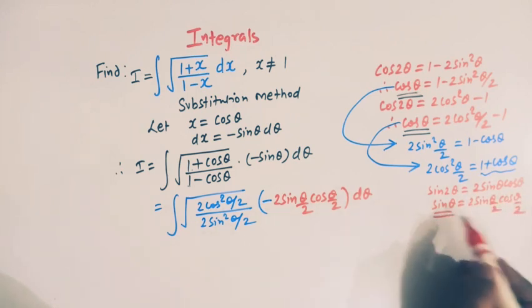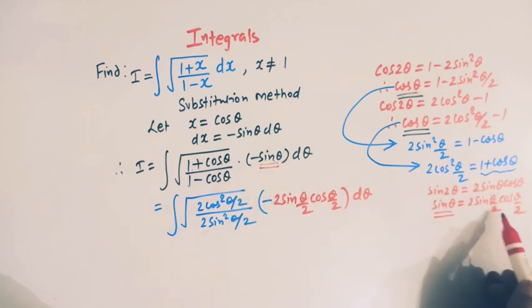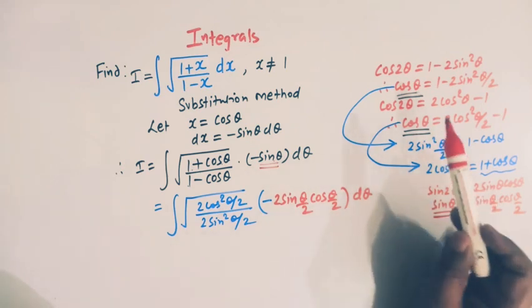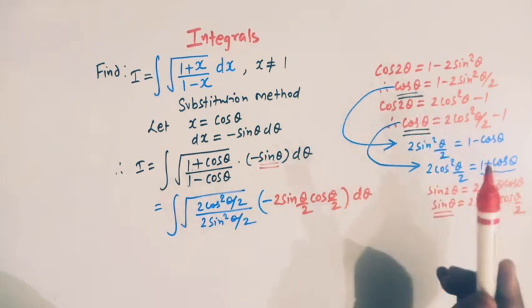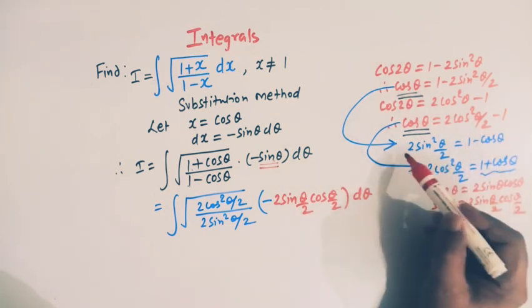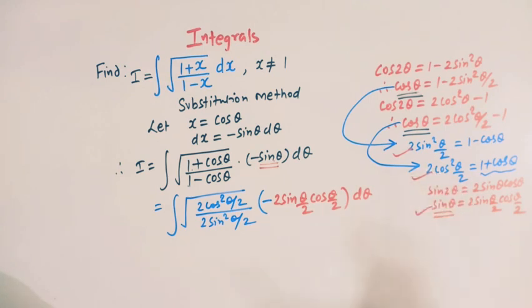So that's why we have replaced this sine theta by 2 sine theta over 2 cos theta over 2. So viewers, here we must remember that we are using three important identities, right? The first one is this, the second one is this one, and the third one is this, right?